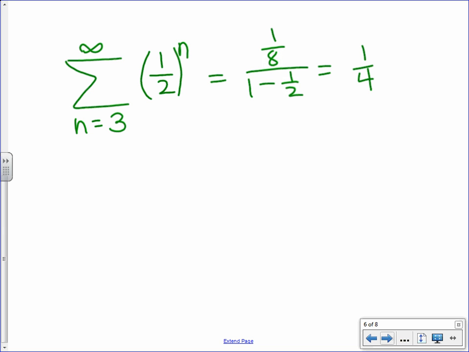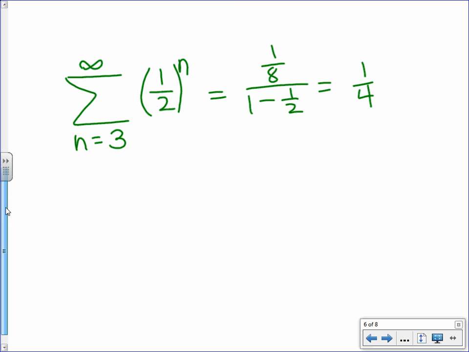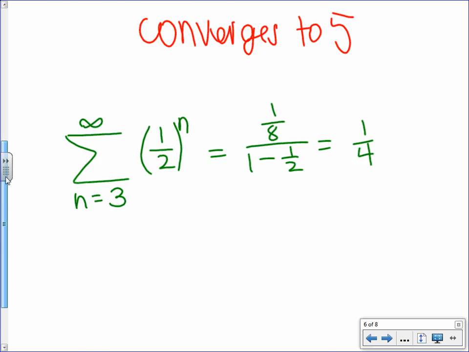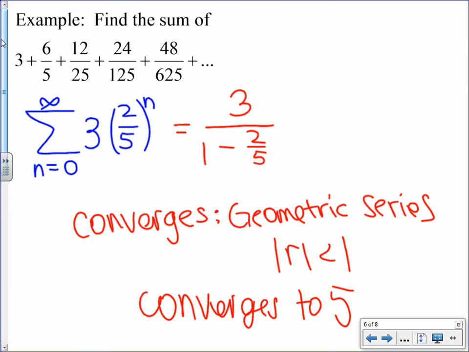You're going to know more than just geometric series. How do you determine we have a geometric series? It's going to look like an exponential equation. You're going to have a constant raised to a power. In this case, the power is n. It could be the n minus 1 power.